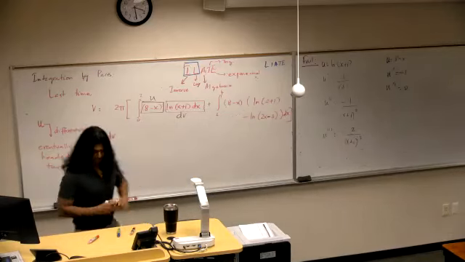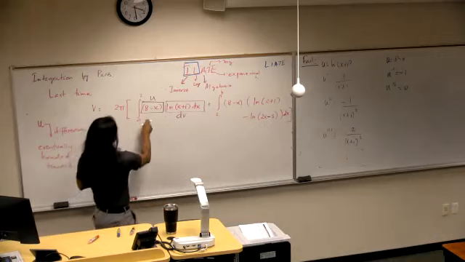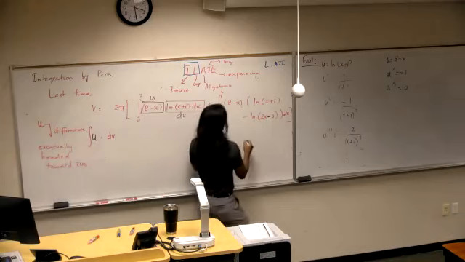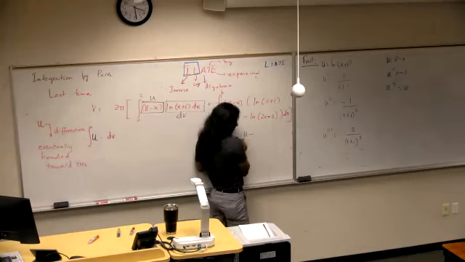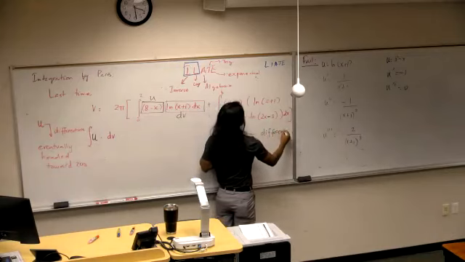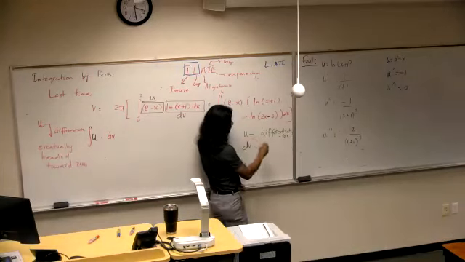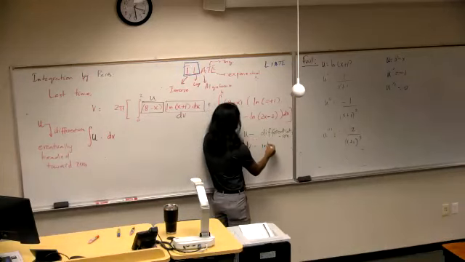So this will help. U, dv. Side note, the u's will go through differentiation at each step. dv will go through integration.